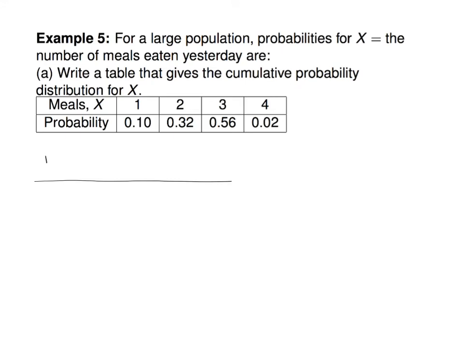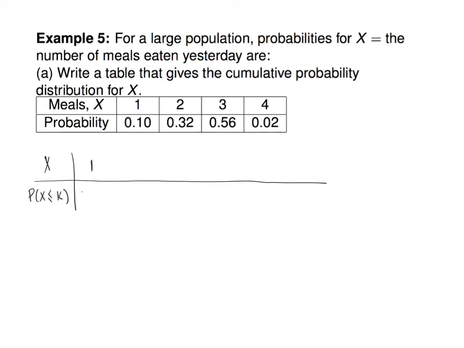On the bottom, just so it's completely clear what we're finding, I'm going to write probability that x is less than or equal to k. And up here are the x's or the k's that we're looking at.